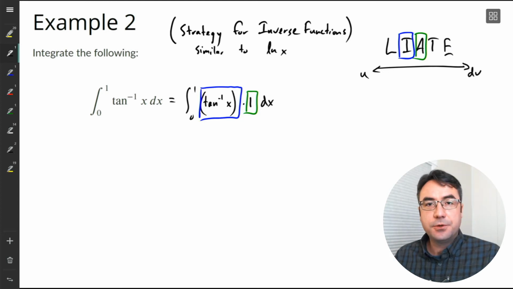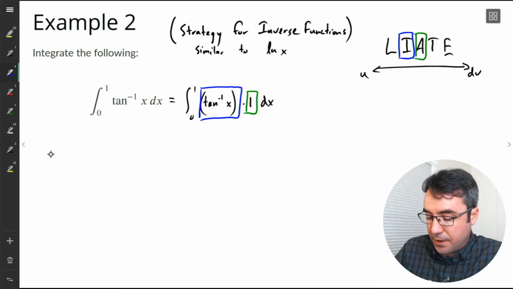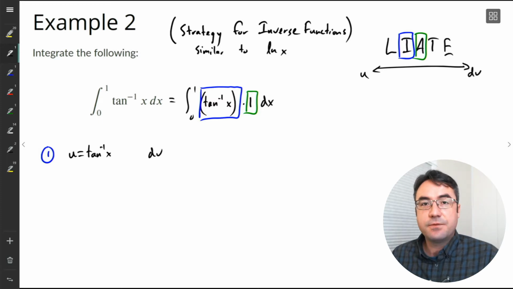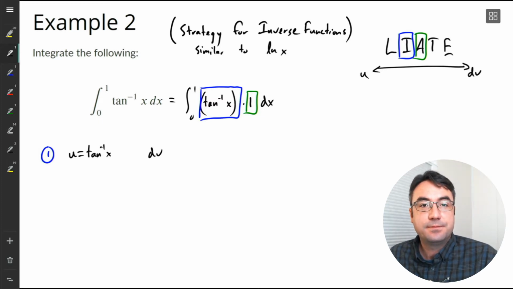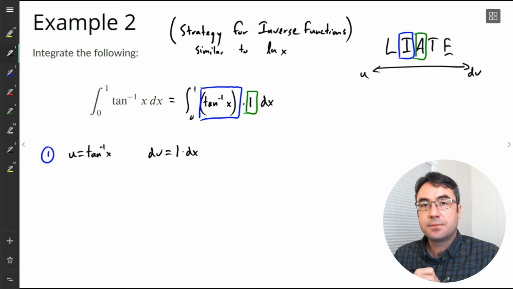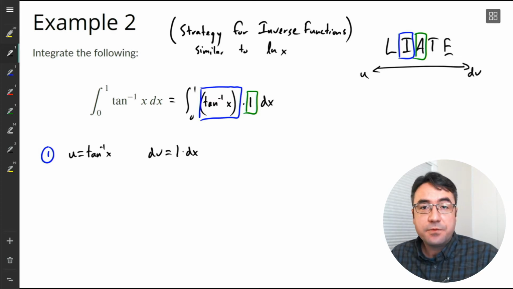So step 1 of our integration by parts is to choose u and choose dv. And so we're going to let u equal the inverse trig function. And so dv is going to be 1 times dx. And there we go. We've decided on u, we've decided on dv.